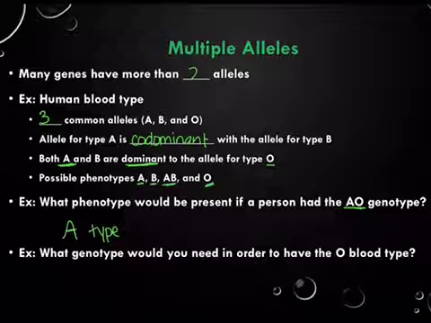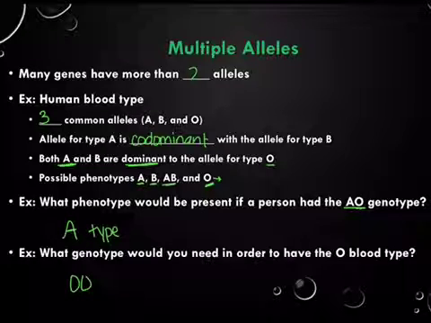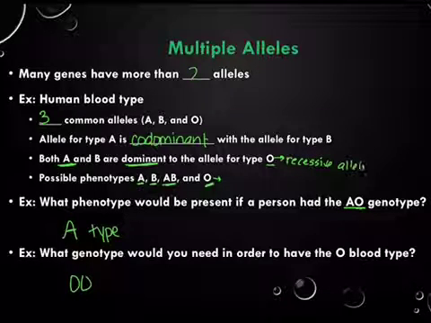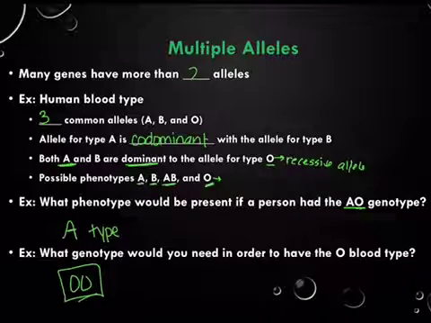You would need to have OO, because O would be like your recessive allele. And in order to see the recessive phenotype, you need 2 of the recessive alleles.